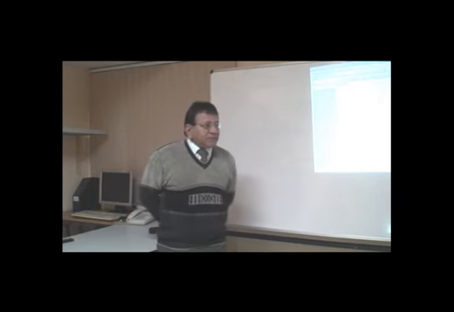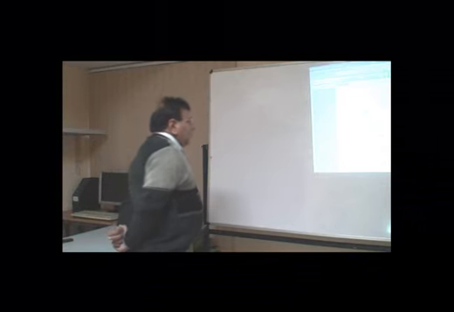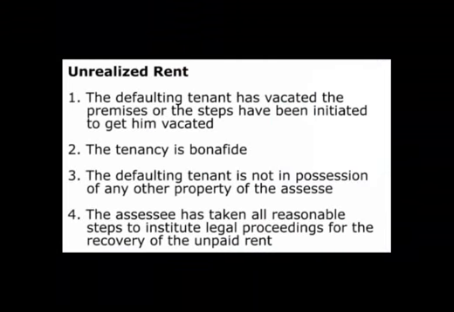The number one condition which is required to be complied with is that the defaulting tenant should have vacated the premises, or the landlord has taken the steps to get him vacated.